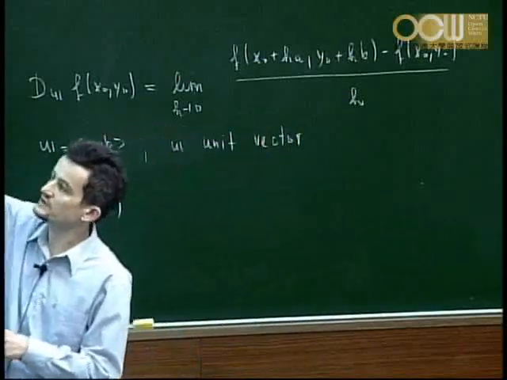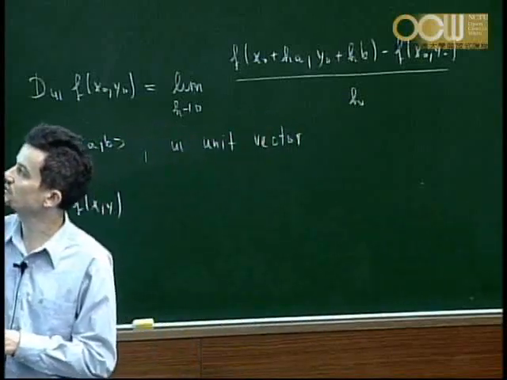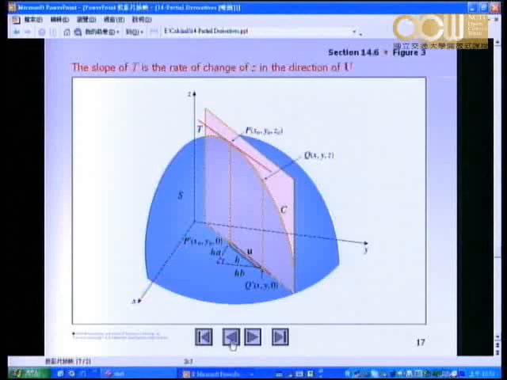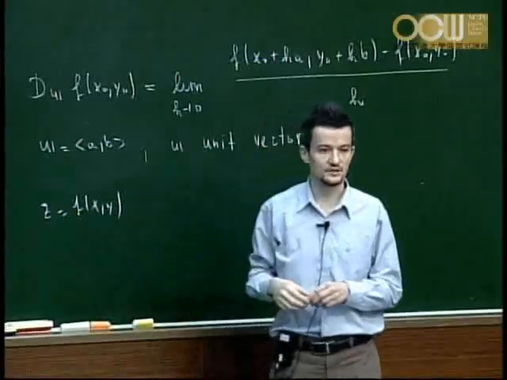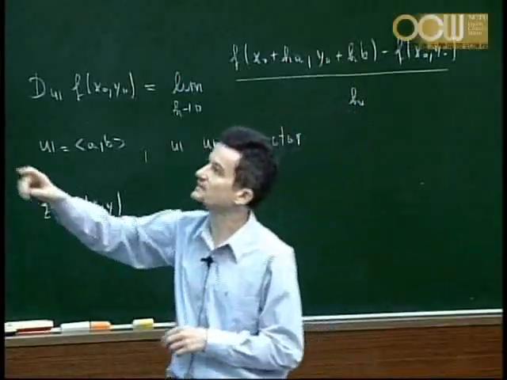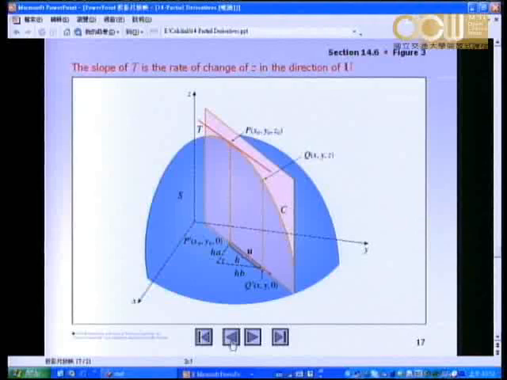If you look at the tangent to the space curve C at the point P, then the slope of the tangent at P is the directional derivative. This means if you're standing on the surface at point P and walking in the direction of u, this gives you the rate of change of the function.